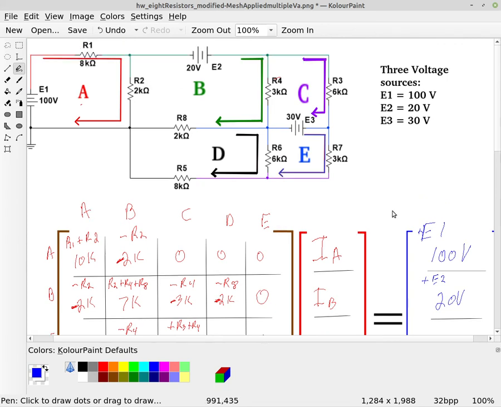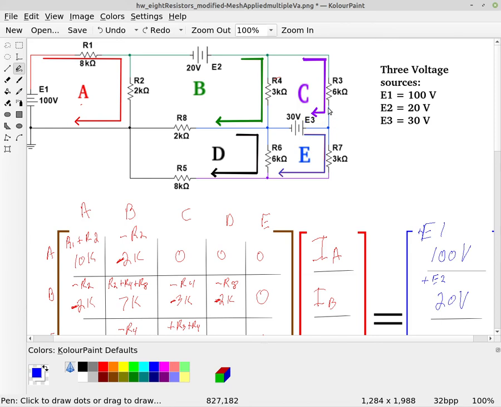Loop C, here, loop C has a 30 volt supply, E3, but E3 is pushing out this way and up counterclockwise.